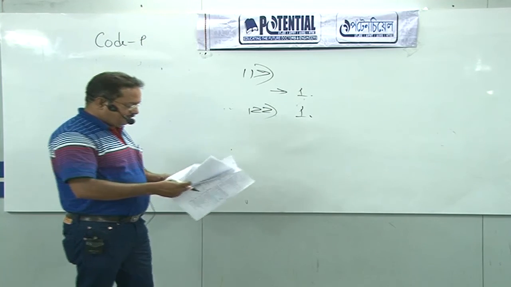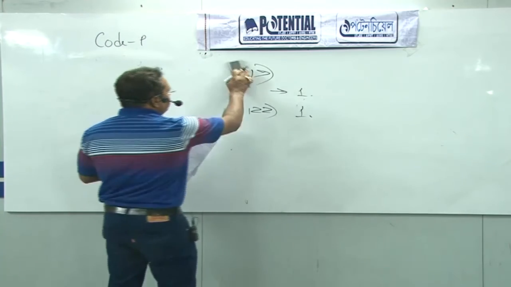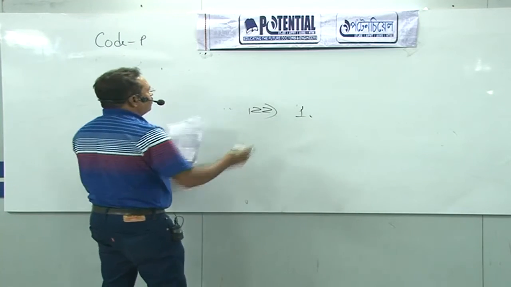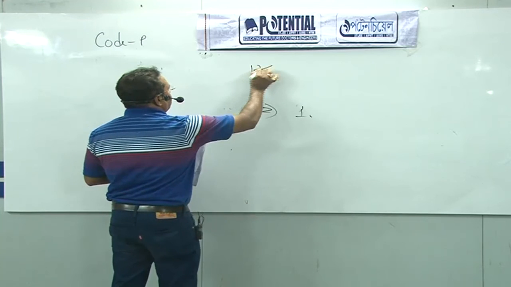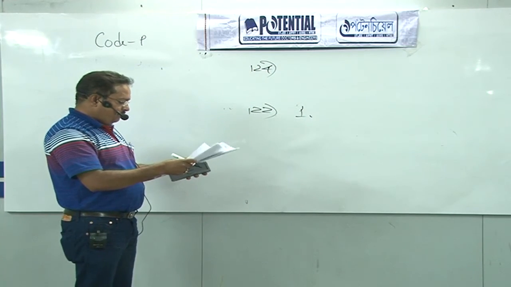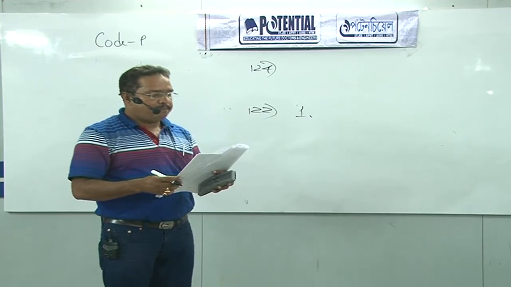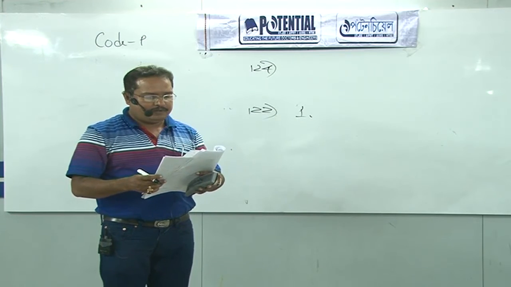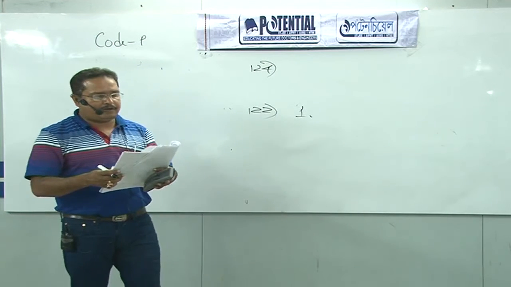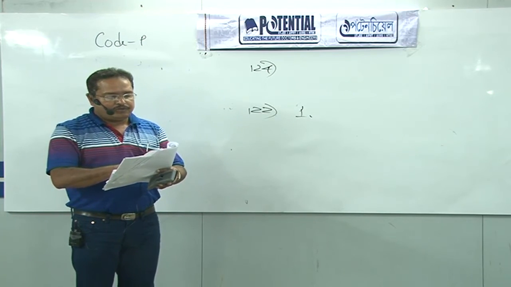So the next question is 124. The question is, which of the following features is not present in Periplaneta americana? Among these features, which are not present there.